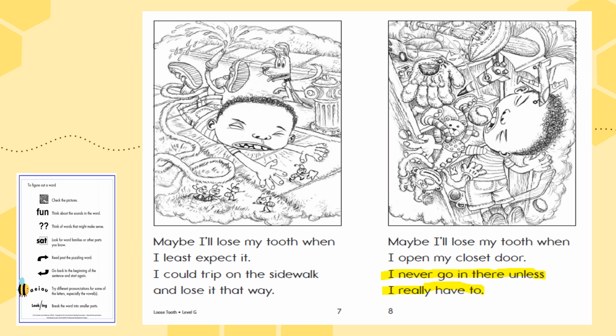So I'm going to make an inference that his closet is pretty messy because he just shoves all his toys in there instead of picking them up.